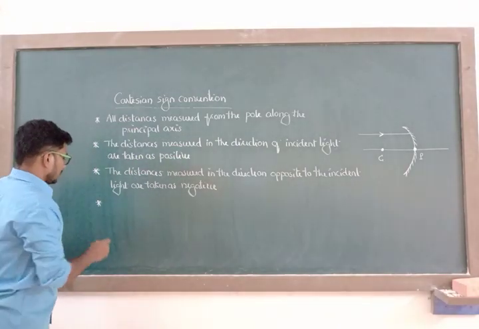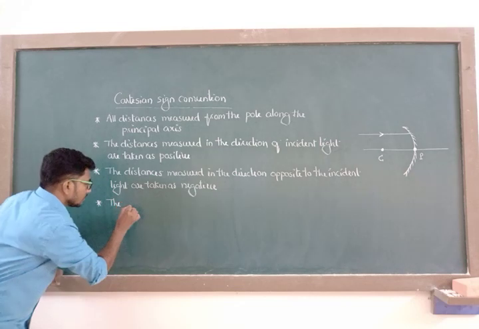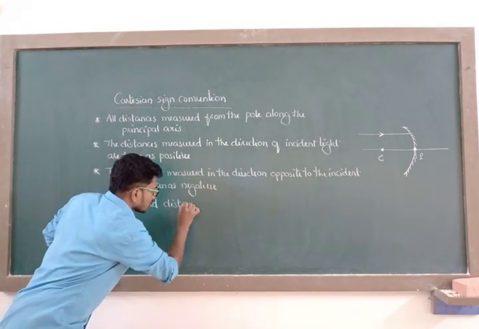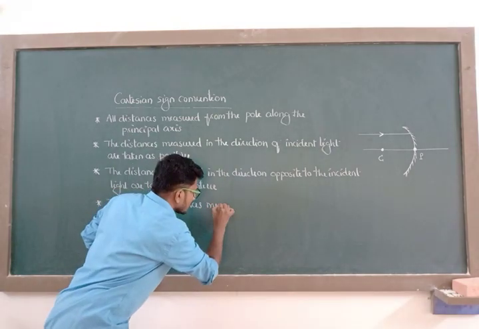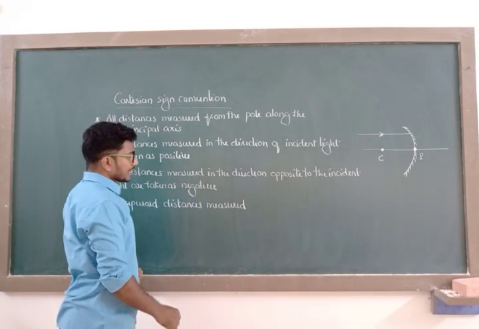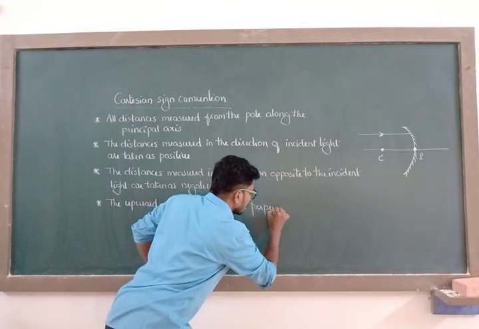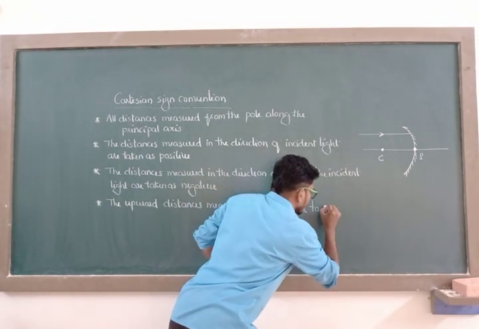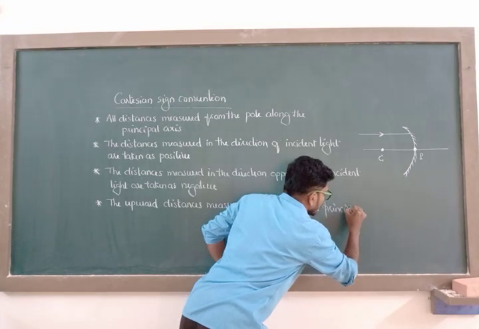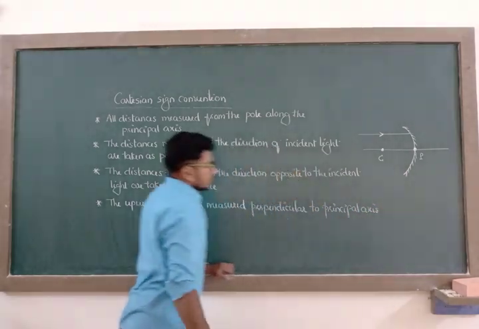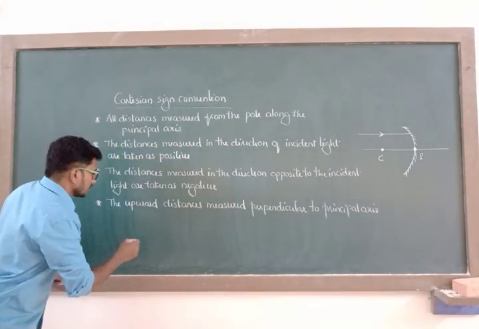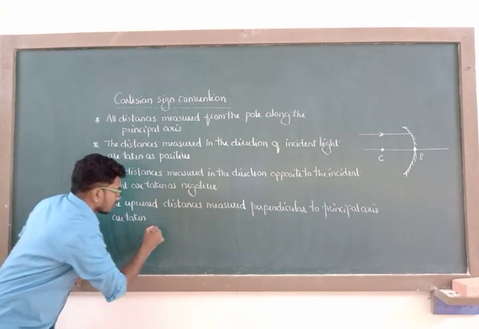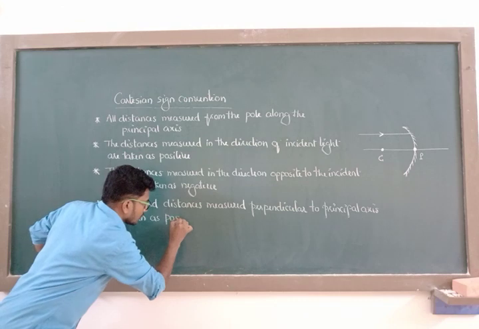So, fourth one, the upward distances measured perpendicular to the principal axis are taken as positive.